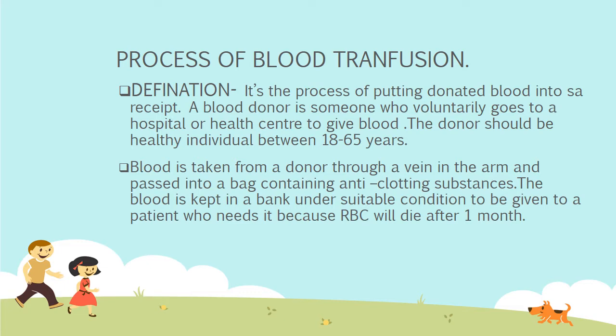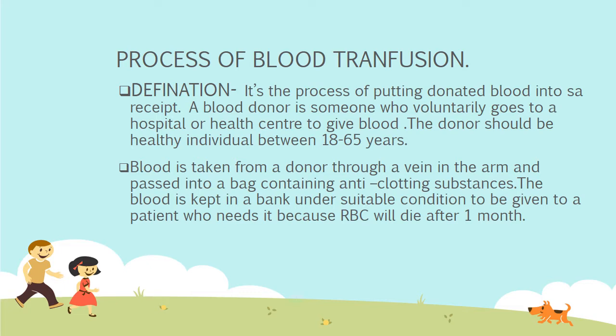So the process of putting this donated blood into a recipient is what we call blood transfusion. And that donor should be a healthy individual. The blood is well screened before it is transfused. So the individual should be healthy and should be between the age of 18 to 65 years.